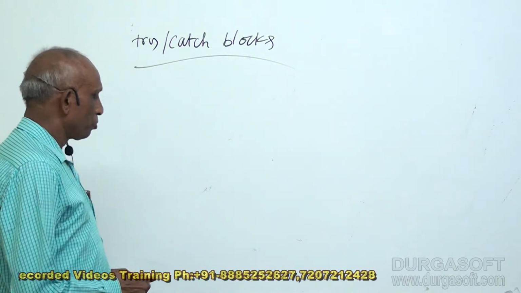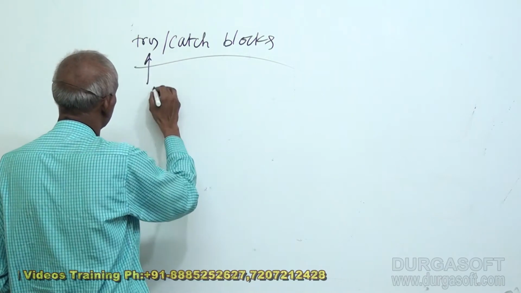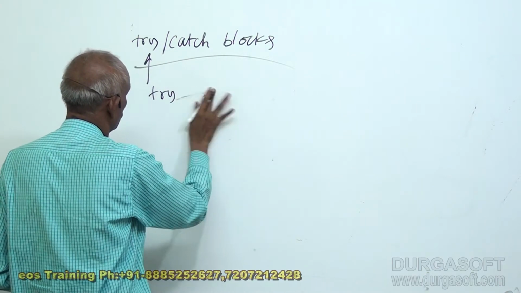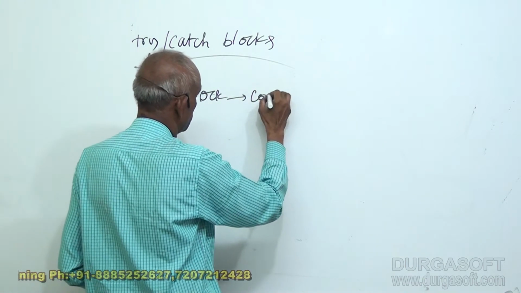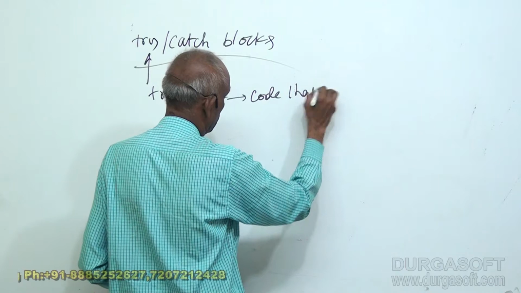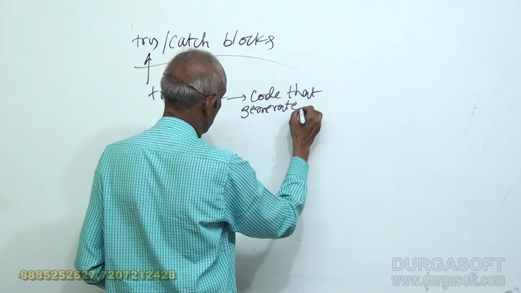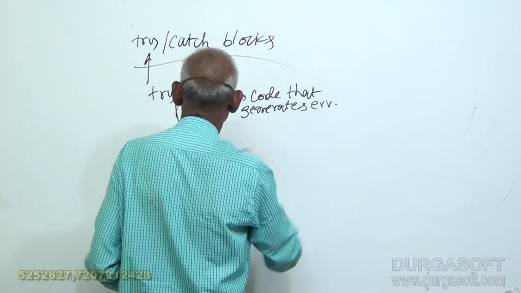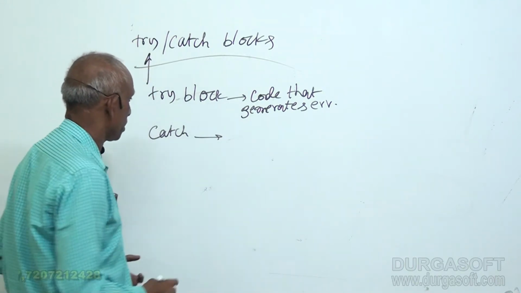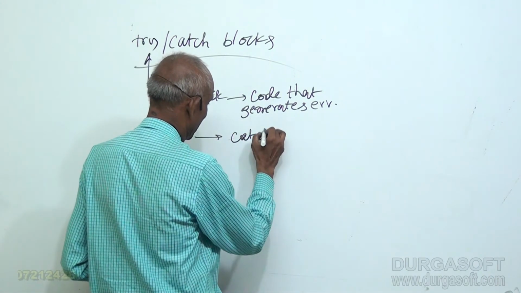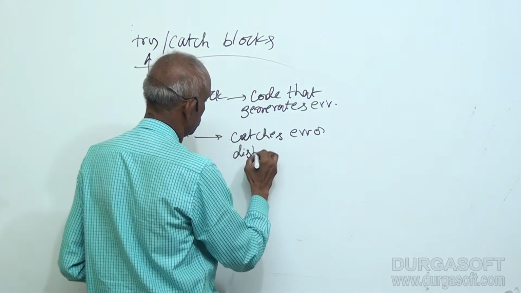We put the code that can generate an error in the try block, and the catch block catches the error and displays an error message.